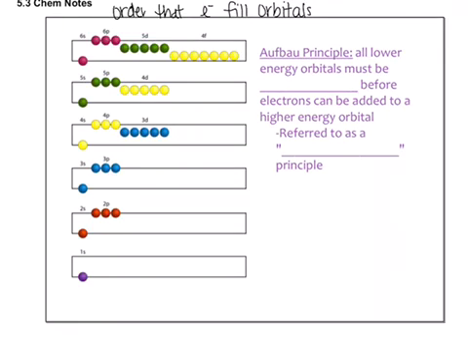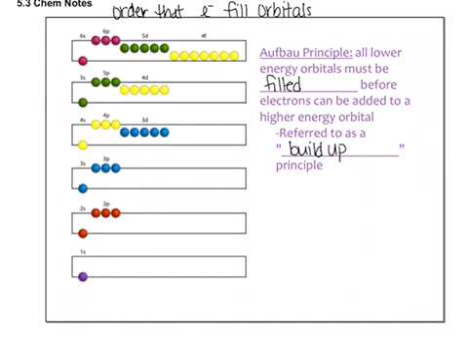And so once you learn that order, it goes fairly smoothly. And there's a couple rules in addition to learning that filling order. So the Aufbau principle says that all lower energy levels must be filled with electrons before electrons can be added to higher energy orbitals. This is referred to as building up.